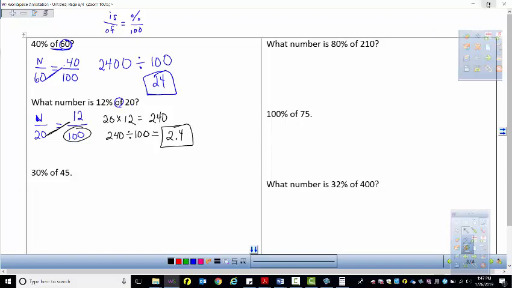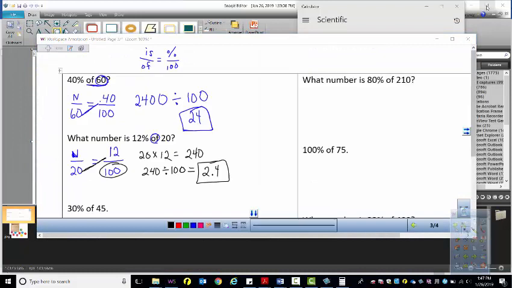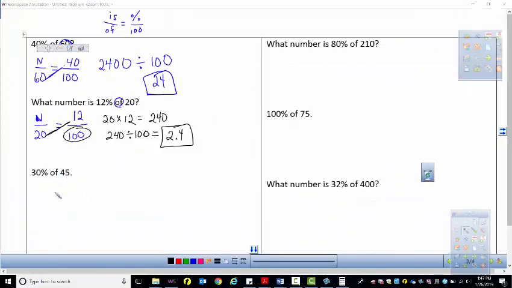All right, let's try another one. So we have 30% of 45. So again, I'm going to use my proportion, my two fractions that are equal. And when I use this proportion formula, 100 is on the bottom, on the right side.